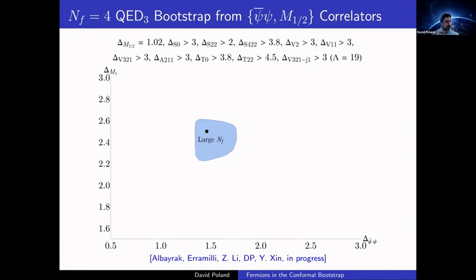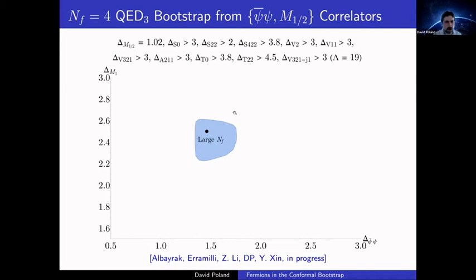The situation isn't perfect. We haven't quite understood how to isolate the scaling dimension of the leading monopole operator using Bootstrap techniques. But what we have understood is that if you input the scaling dimension of the leading charge 1/2 monopole, here I've input its value as 1.02, which is roughly the large n prediction applied to NF equals 4, then you can get an island in all the other CFT data after imposing some gaps motivated by the large n spectrum.